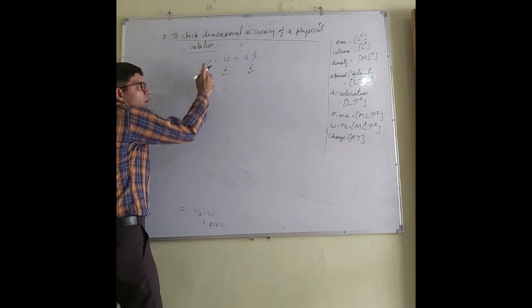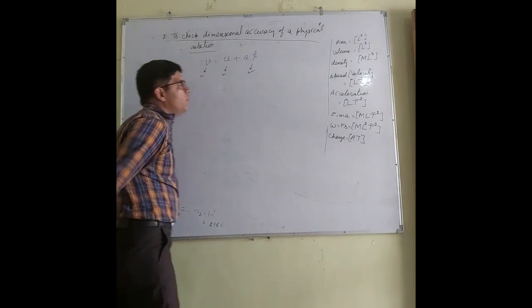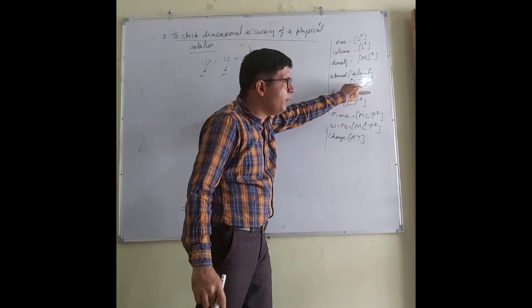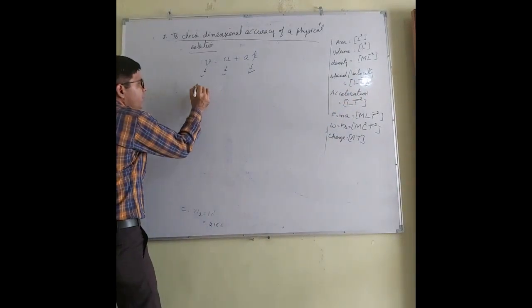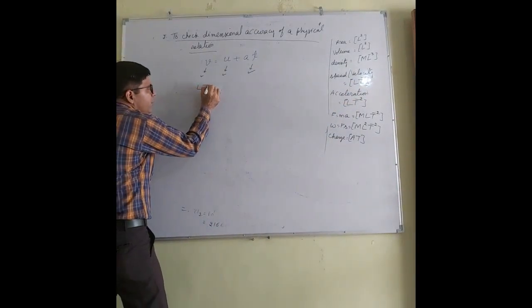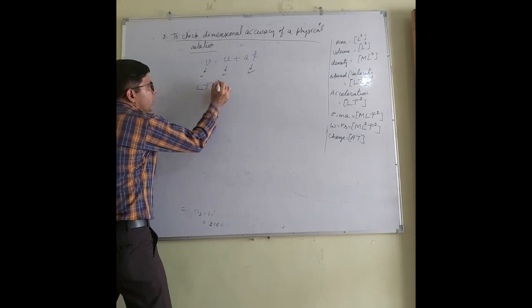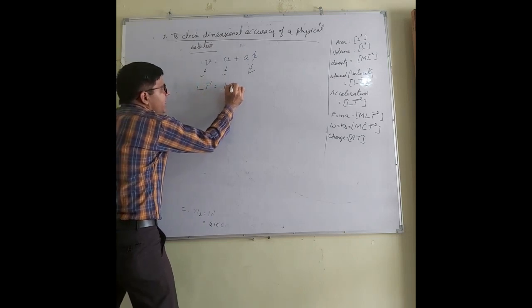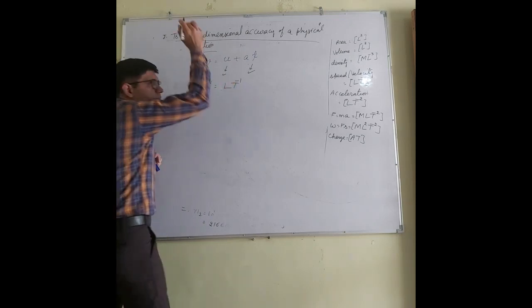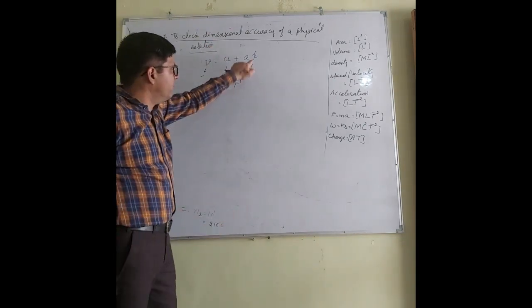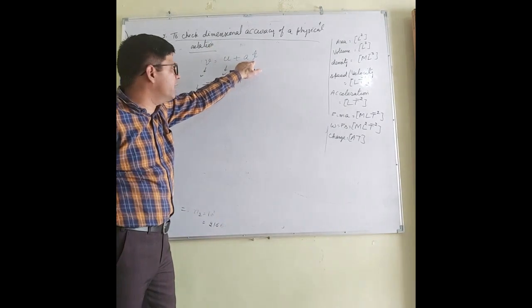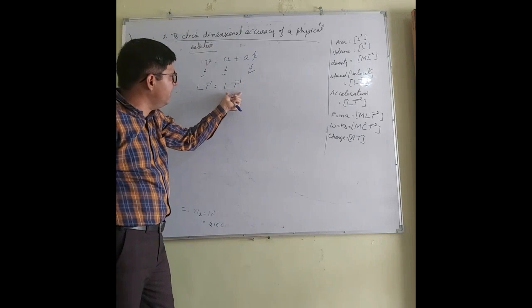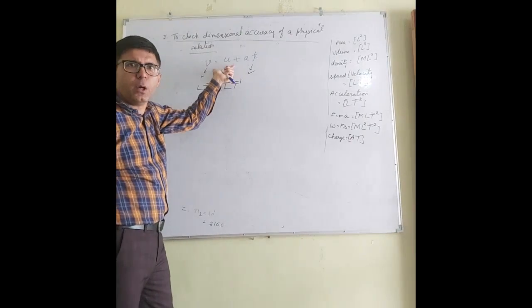We know this is velocity and the dimensions of velocity are LT^-1. So u is again LT^-1. And what should be the dimensions of at? If the dimensions are LT^-1, only then it will be true.